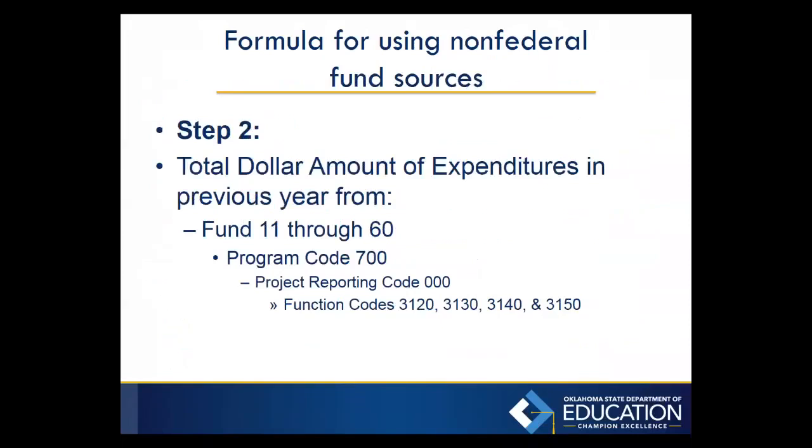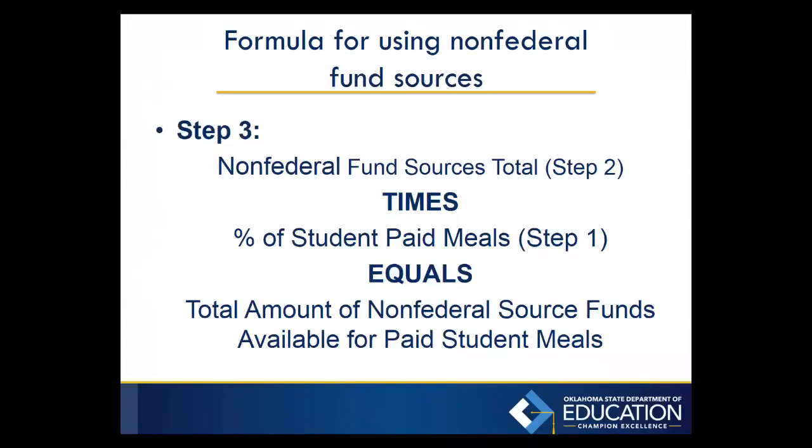So if your general fund is paying any of these expenses for your child nutrition, they need to be coded correctly, and then you'll take your non-federal fund source times your percent of your student meals, and that amount equals the amount of money that is available to cover your non-federal funds for your paid student meals.